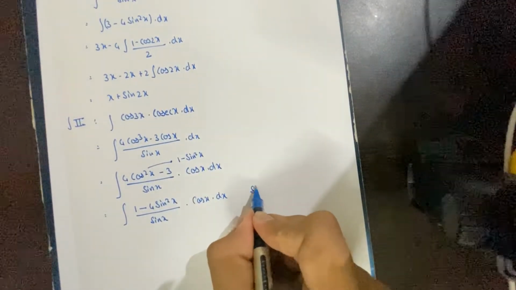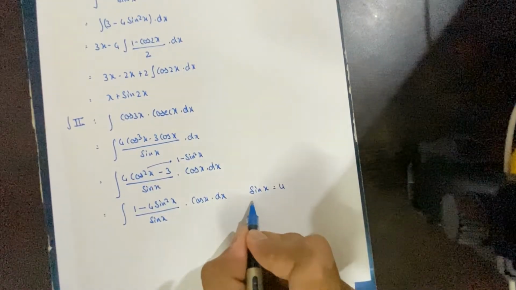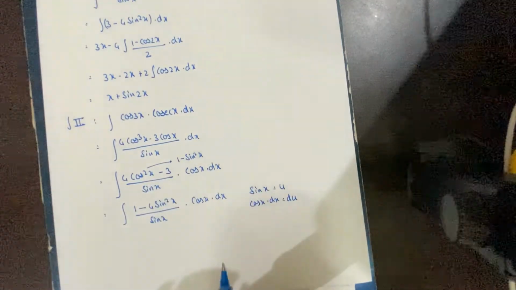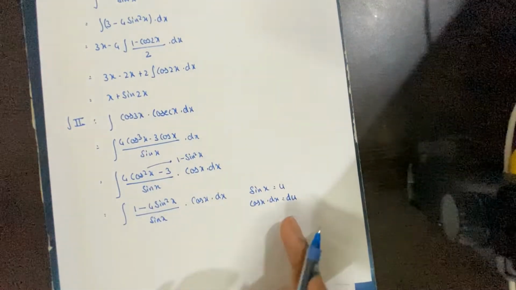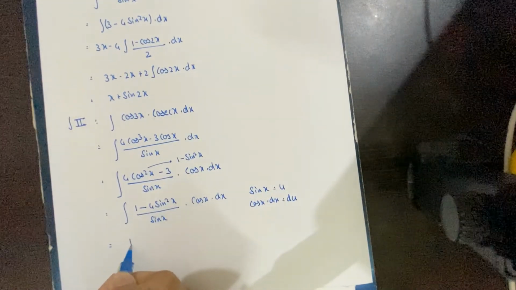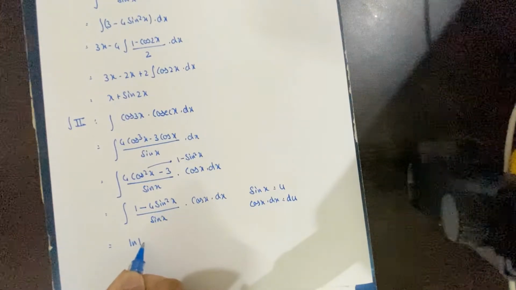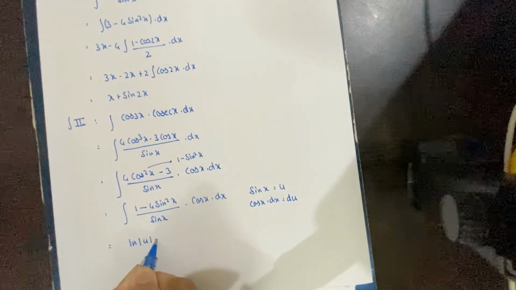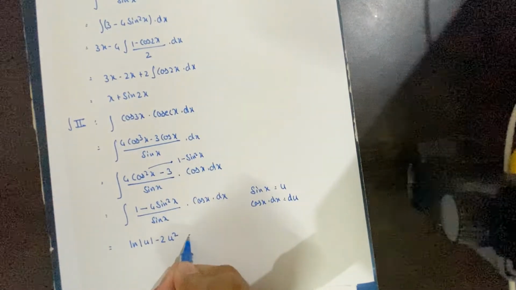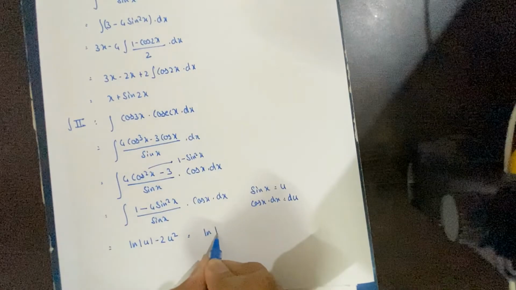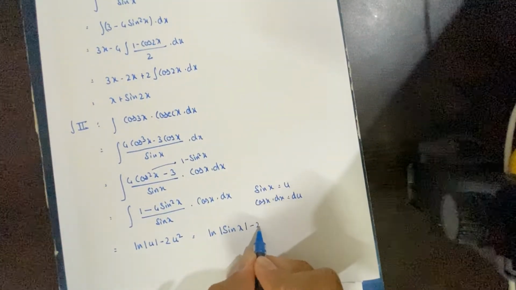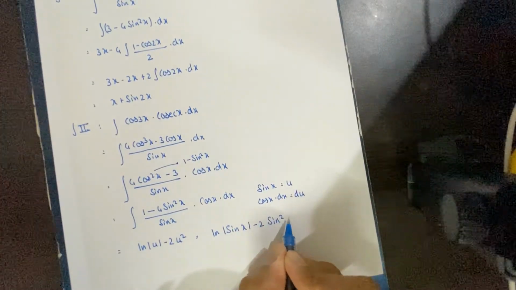If sin x equals u, then cos x dx equals du, and if we solve it we get ln of u minus 2u square, that is basically natural log of sin x minus 2 sin square x.